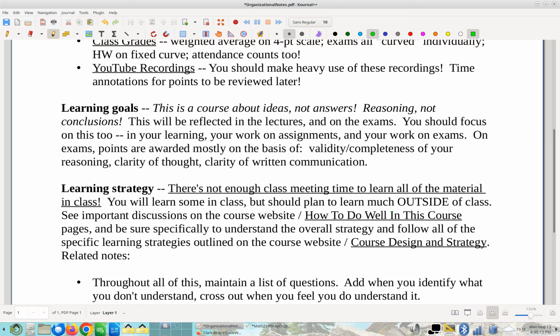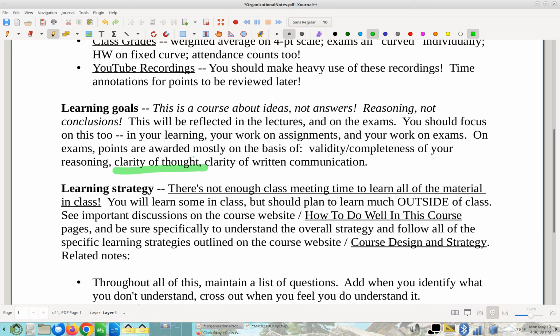Just to be clear, the way grading works on exams is a really big point. Everybody needs to be very aware of this. Points are going to come from reasoning, specifically the validity of your reasoning and the completeness of your reasoning. I also include clarity of thought.